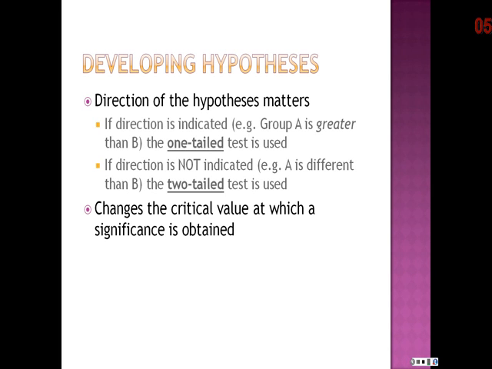So remember again, for our z-score for sample mean, the critical value was always 1.65. For us now, the critical value is going to change depending on the sample size and depending on the direction of the hypothesis. So again, this changes the place at which we accept or reject the null hypothesis. And this matters a lot.